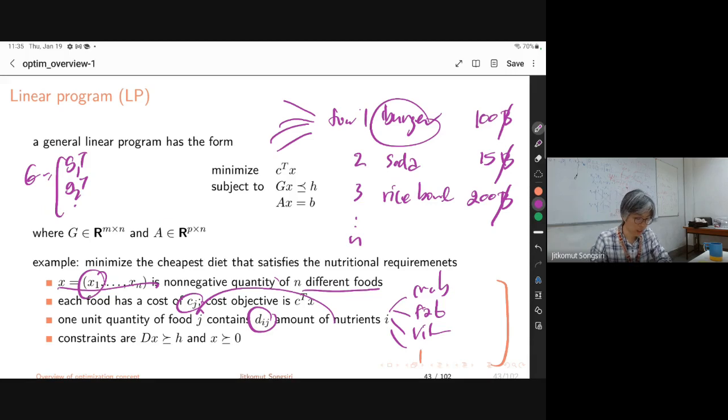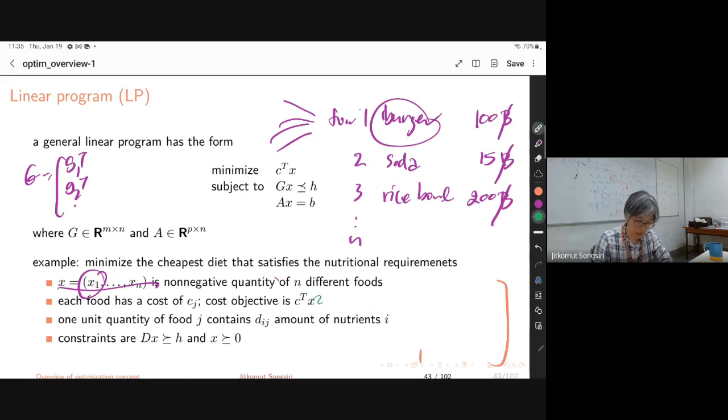So that's why the constraint would be like, Dx is greater than h, that means the nutrients 1, 2, 3, 4, 5, right? The numbers in each row of D must be greater than a threshold h, all right? And the quantity should be non-negative. Okay, simple question. This is a cost objective, and you have two constraints.